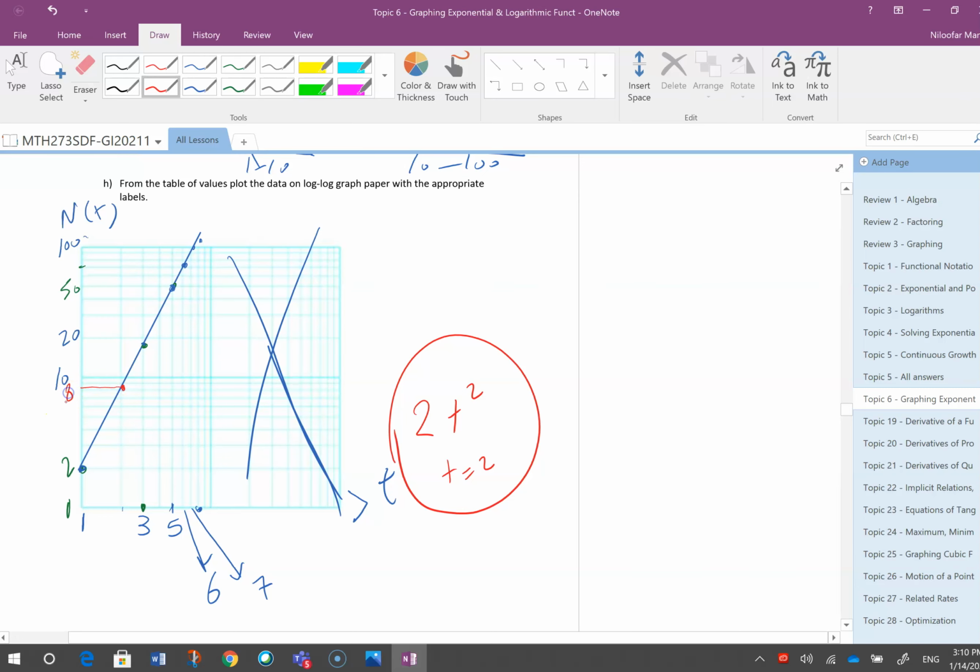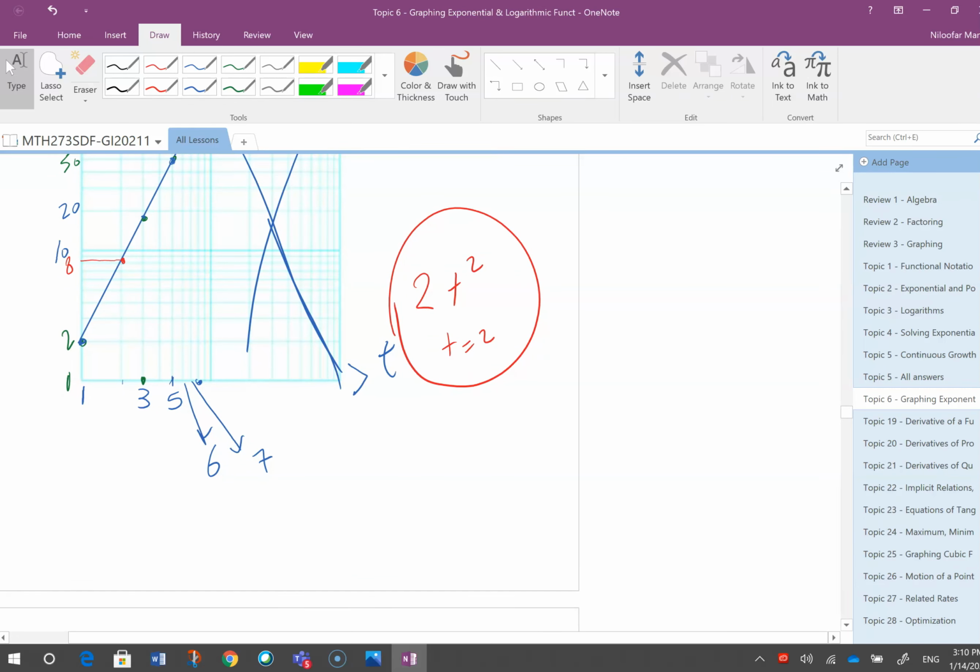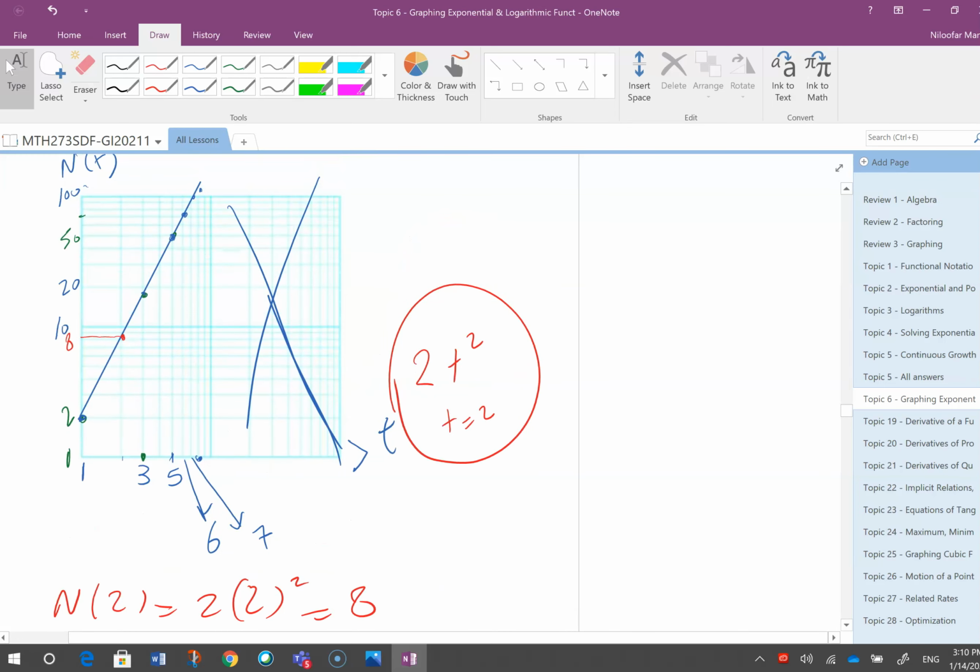Oh, looks like 8. But look here, n2, which is 2 squared. Yes, it is 8. Yes, I can answer. But if I use the curve on linear paper, it's hard to answer. But when I use log-like paper, it's more clear to see.